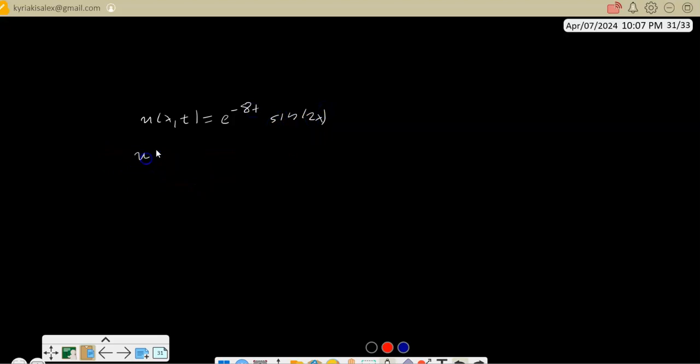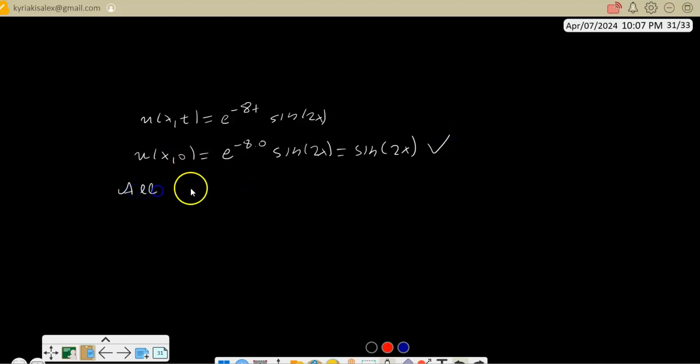So for t equals 0, what I get is just sine 2x. So the boundary condition for t equals 0 is satisfied. All boundary conditions are satisfied.